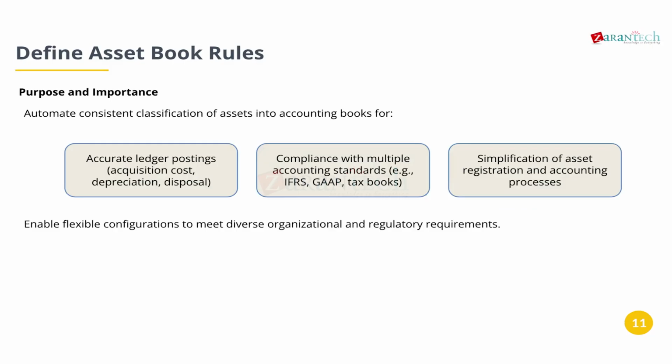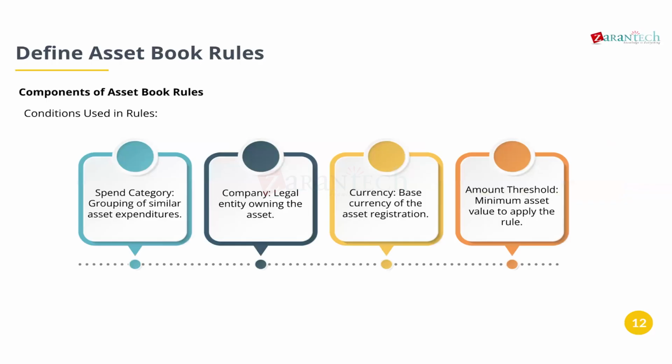Now, the purpose of the asset book rules is to have accurate ledger posting, acquisition cost, depreciation. We need to comply with the IFRS or local tax cap, and then we need to have simplification of the asset registration and the accounting processes. So as I already told you, we need to take care of a few very important things.